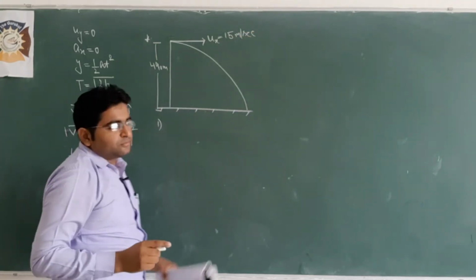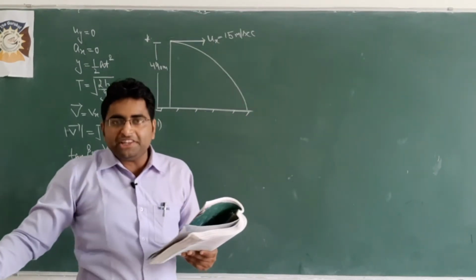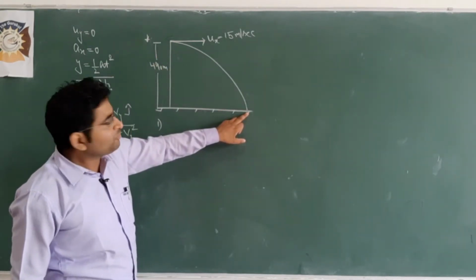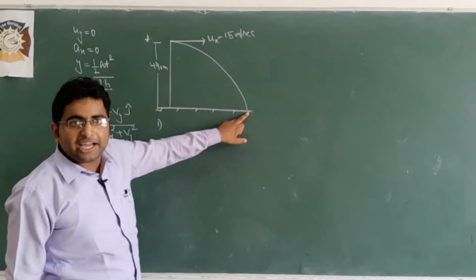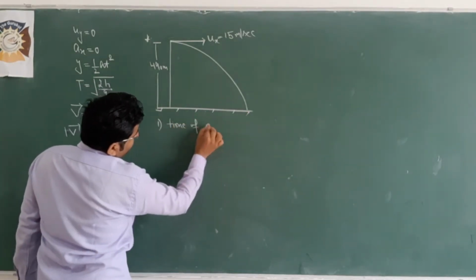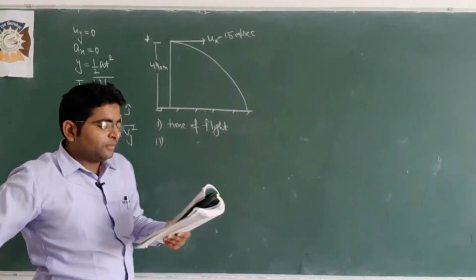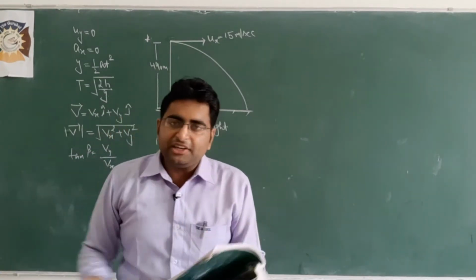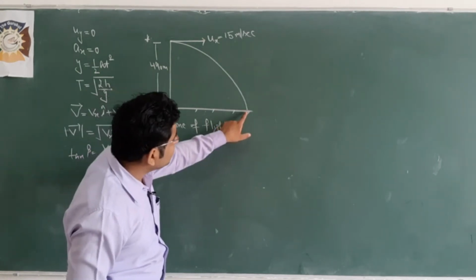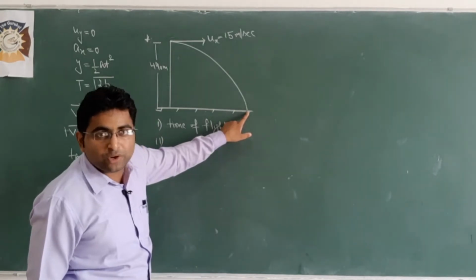So beta, what we have to find: the time taken by the stone to reach the ground. It means from this point to this point, when the stone will come, we have to find the time period. So, time of flight, we have to calculate. Second, the speed with which it hits the ground. Now beta, we have to calculate the resultant speed of the stone when it will hit the ground at this point.